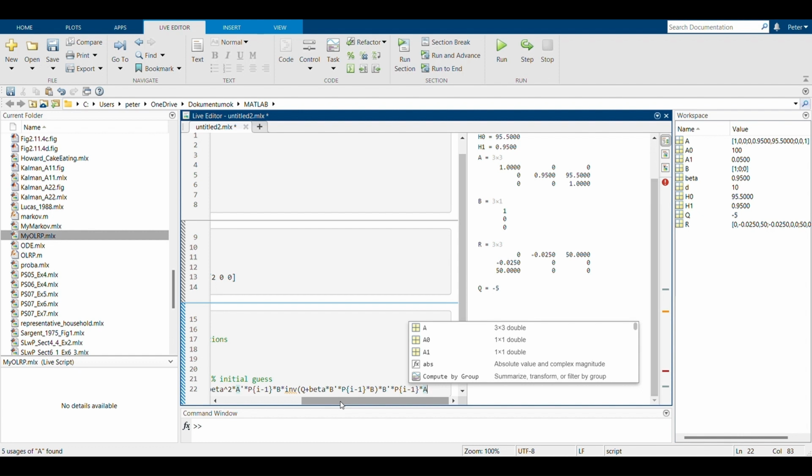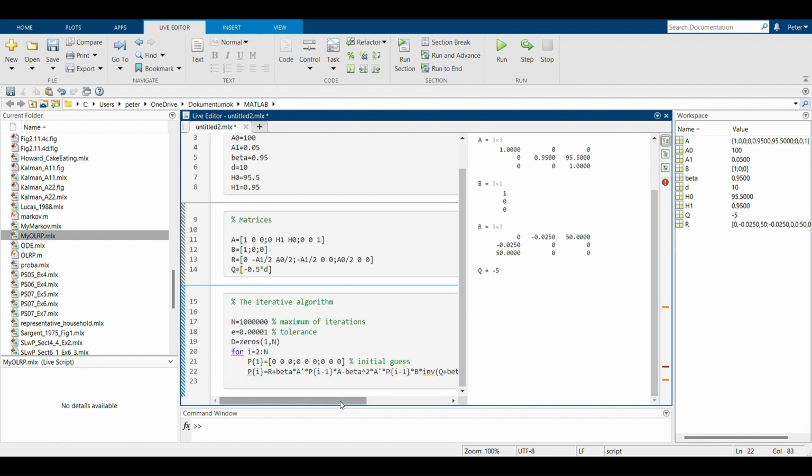Okay, and let's work with the difference vector.